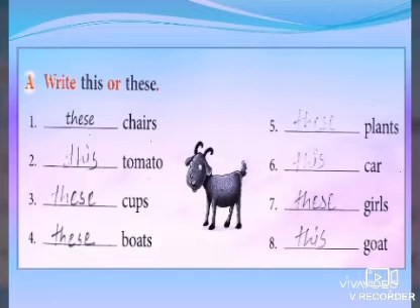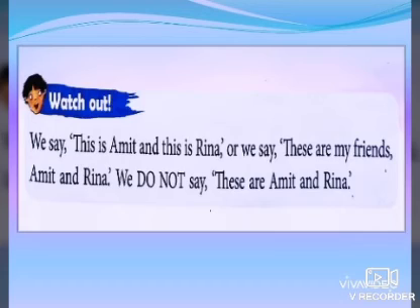Next is dash, plants. These plants. Dash, car. This car. Dash, girls. These girls. Dash, goat. This goat. So this for singular and these for plural.